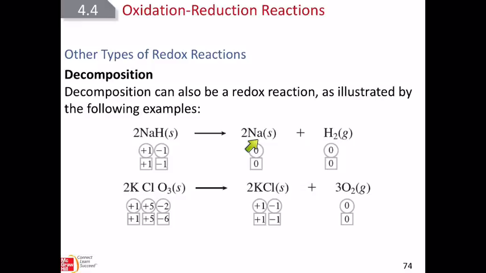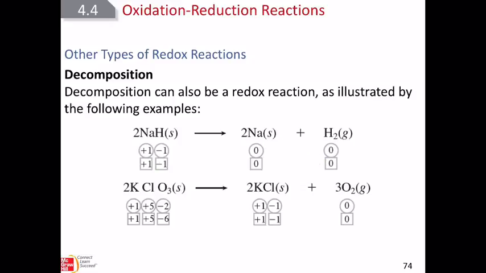In the products, we have the element sodium, oxidation number 0, and the element hydrogen, oxidation number 0. So what's being oxidized? Sodium or hydrogen? The hydrogen's being oxidized. It's going from -1 to 0.